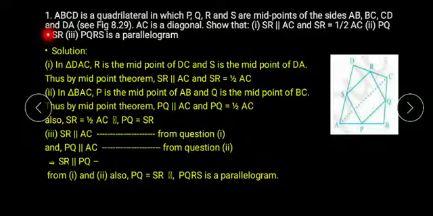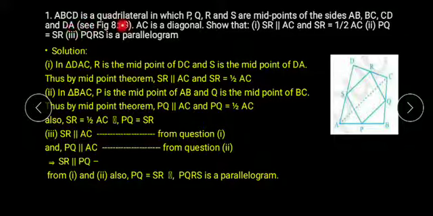The first question says that ABCD is a quadrilateral in which P, Q, R, S are midpoints of sides AB, BC, CD and DA.